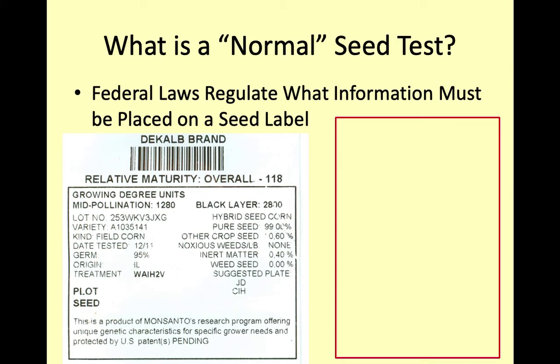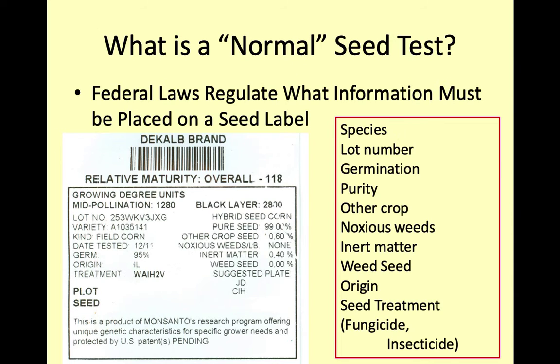If you look at what is required by law to be posted on a bag of seed, it's this type of information: the species of the seed, what you are going to be planting, a lot number, what the germination percentage might be, the purity of that seed, any other crop species that might be in there, like annual ryegrass, and noxious weeds that are difficult to control. You don't want any of those, because if you're planting noxious weeds, you're just planting potential problems, okay?